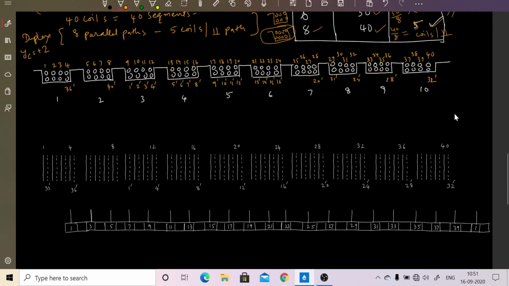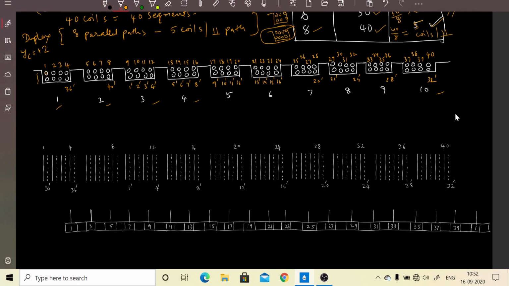Okay, right. So this is how the 10 slots are there. Each slot is having 8 coil sides like this, and I have numbered the upper coil sides as 1, 2, 3, 4 up to 40, 40 coil sides. Now we have 2 slots as a coil span.